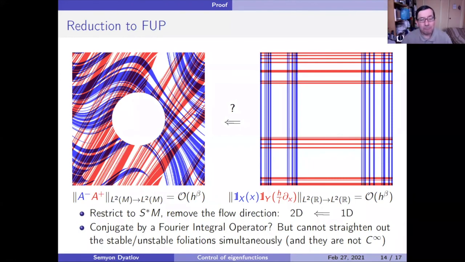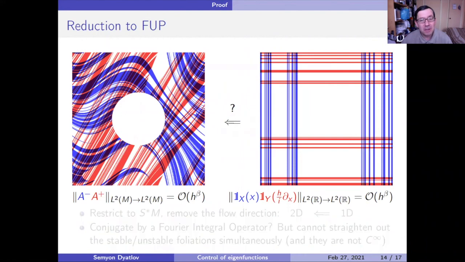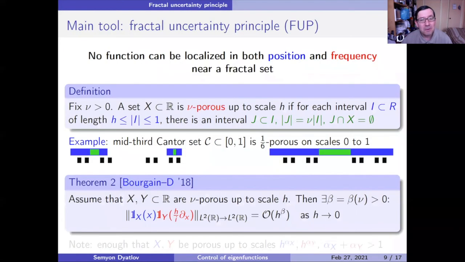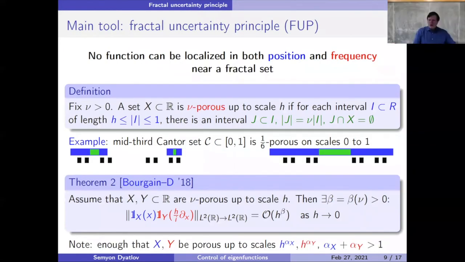And let's say even in one dimension, would it be interesting to prove a fractal uncertainty type result for a little bit more general operators than 1_X, 1_Y? Well, what do you mean by more general?